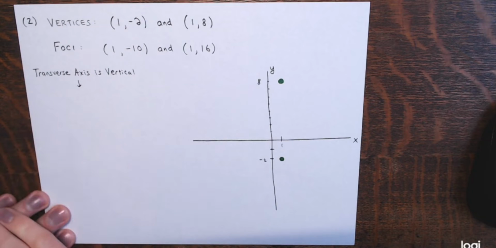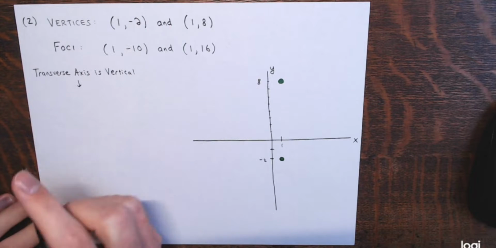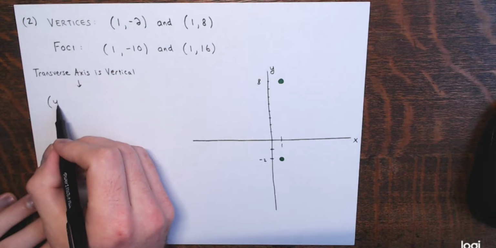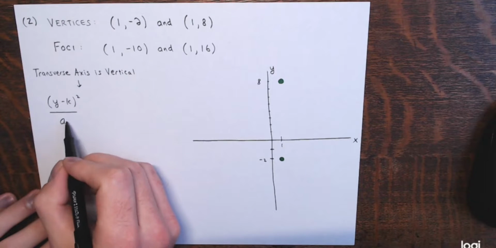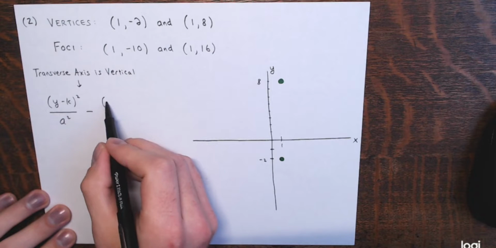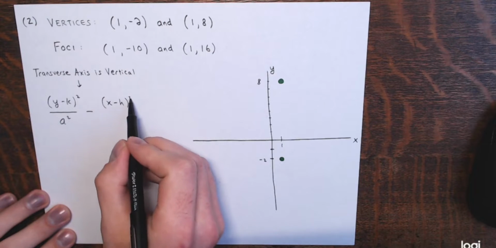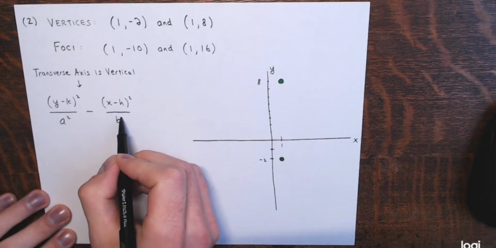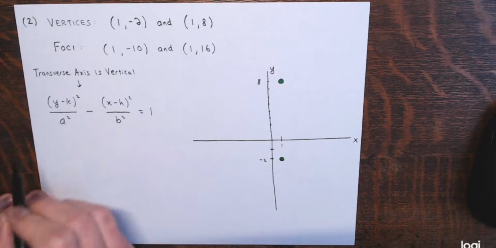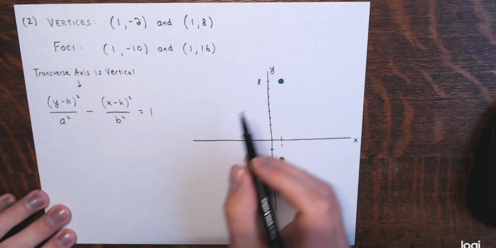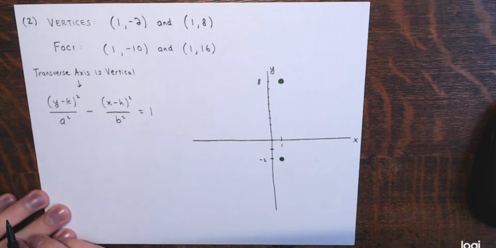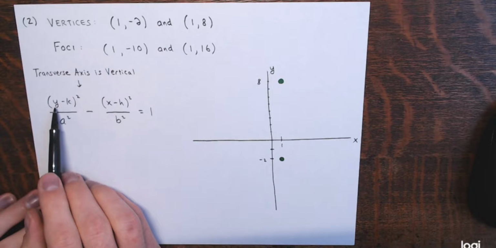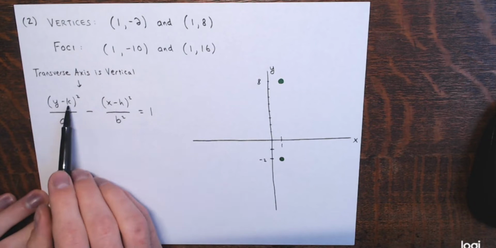It's a difference of squares equal to 1, but it starts with that quantity y minus k squared divided by a squared minus x minus h squared divided by b squared equals 1. So we're writing this equation now. And the curves of the hyperbola will be opening up and down, not left and right. We just need to find h, k, a, and b.